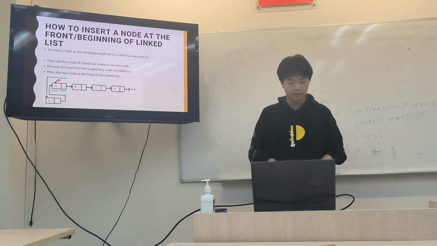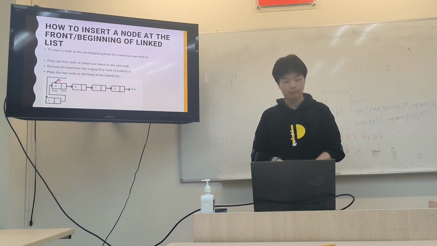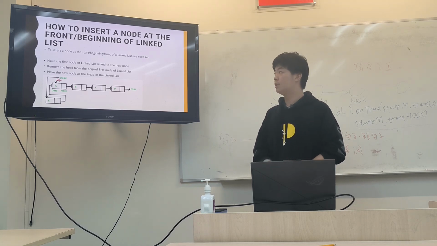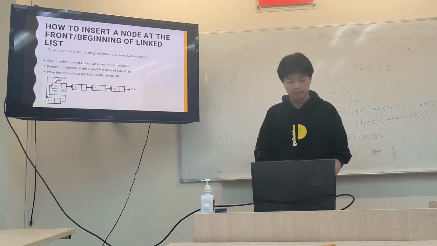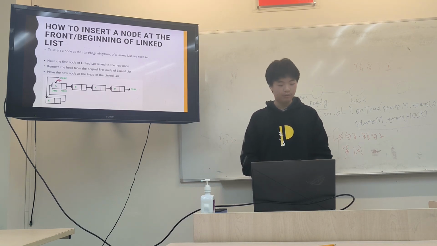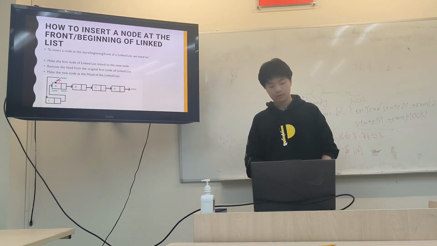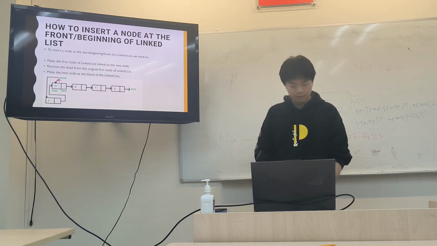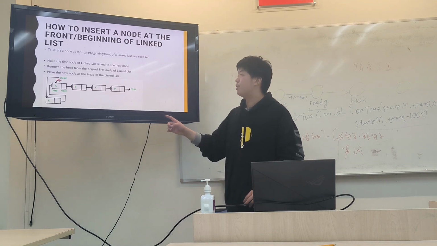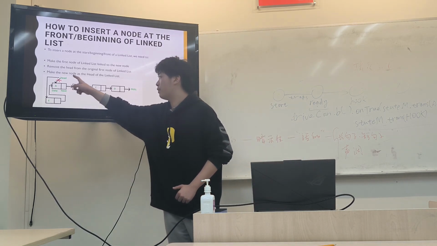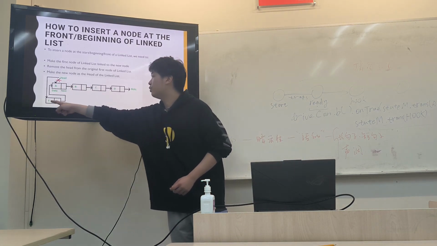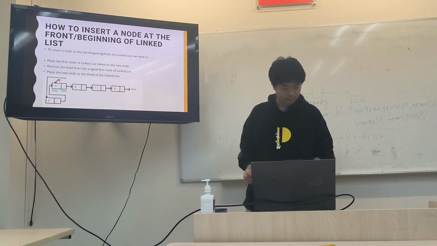So now we will talk about how to insert a node at the front or beginning of a linked list. To insert a node at the beginning of a list, we need to first make the new node linked to the first node of the linked list. So now the head will not point to this node. Instead it will point to this new node.